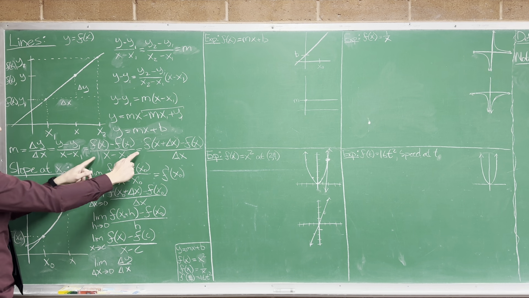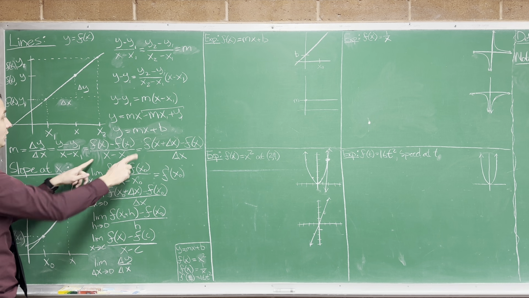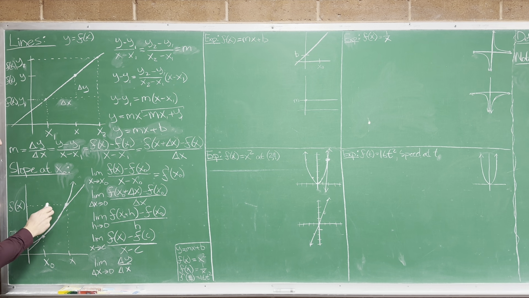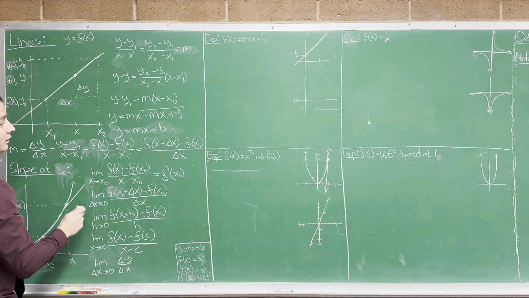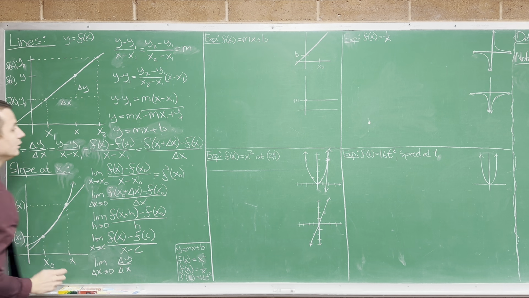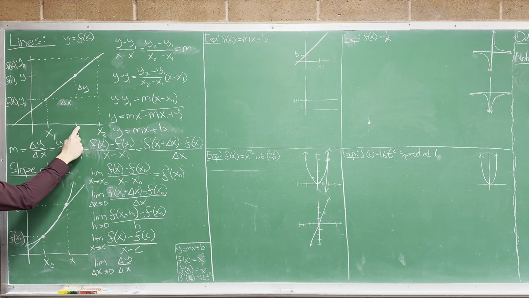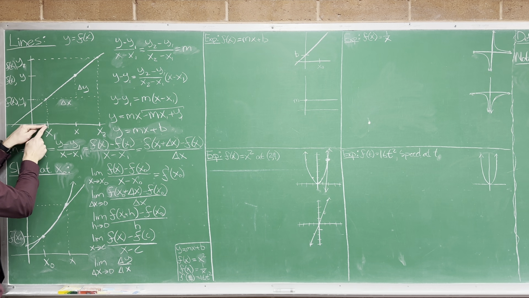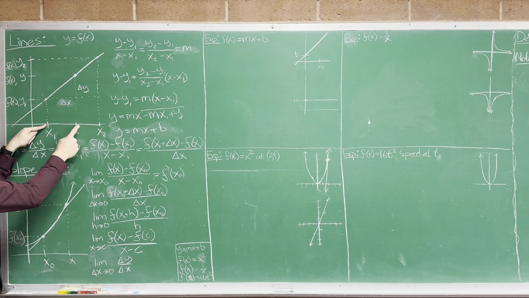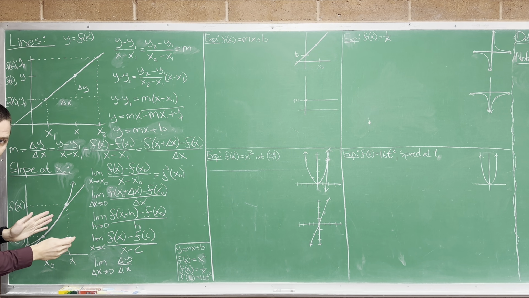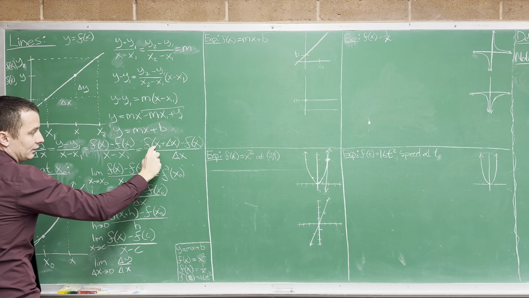So just replacing your y's with f of x and f of x1, same thing. Going from here to here. Now, notice that x is just, take your starting point and add how far you went. So it's just x1 plus delta x gets you x.